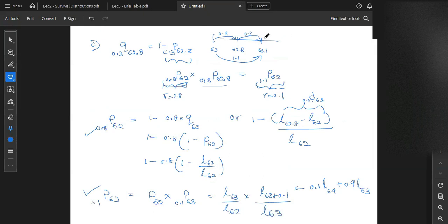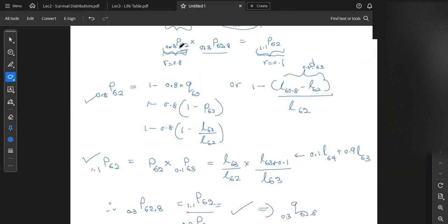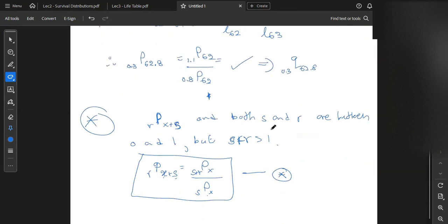These two jumps can be considered as one jump of 1.1. So that's how I started this decomposition, and then I could find these two separately using known equations and could end up with these two probabilities to find the final probability we need.